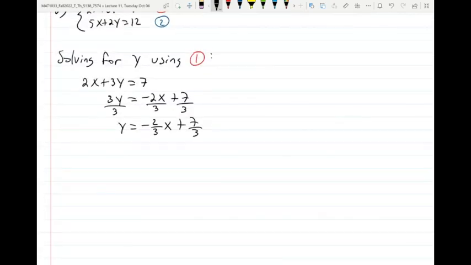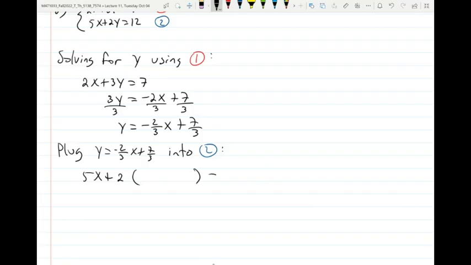So now I'm going to plug y equals negative 2 over 3 x plus 7 over 3 into equation number 2. All right, so that's 5x plus 2, I'm going to open the parentheses, equals 12. And then inside, I put what I got. So I got negative 2 over 3 x plus 7 over 3. Any questions up to here?